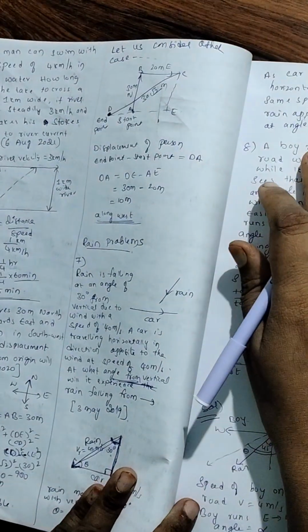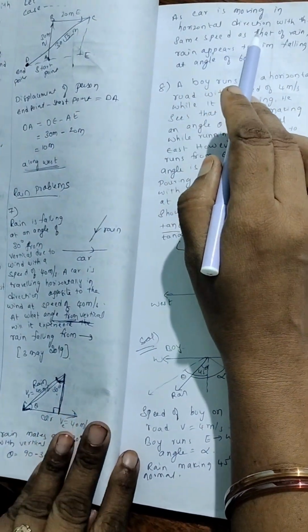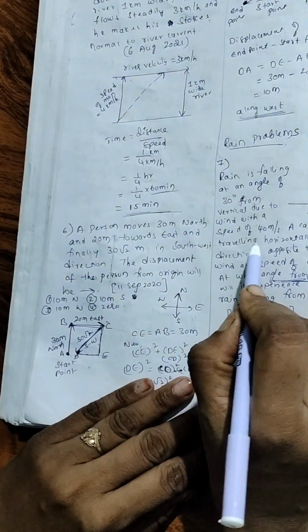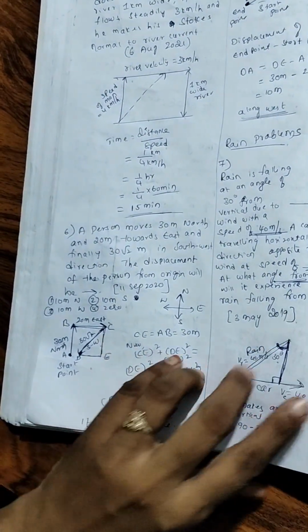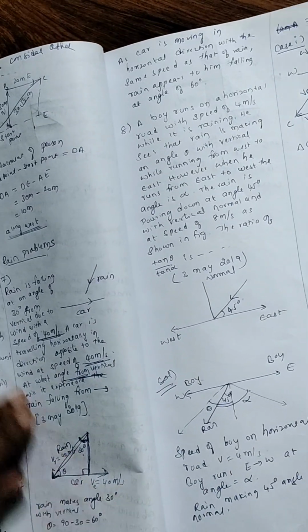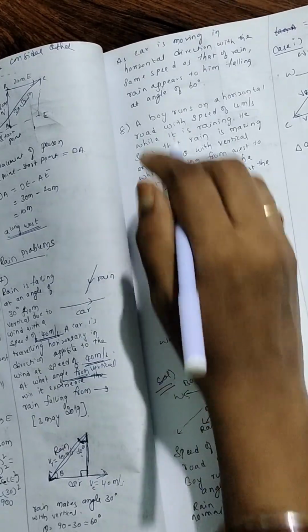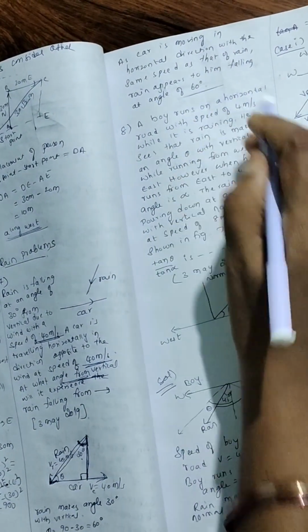Now, as the car is moving in horizontal direction with the same speed as that of rain. You see in the problem, speed of car 40, speed of rain also 40, he gave. Both speeds are the same and the car is moving horizontally. Right? So rain appears to fall on him at an angle of 60 degrees.